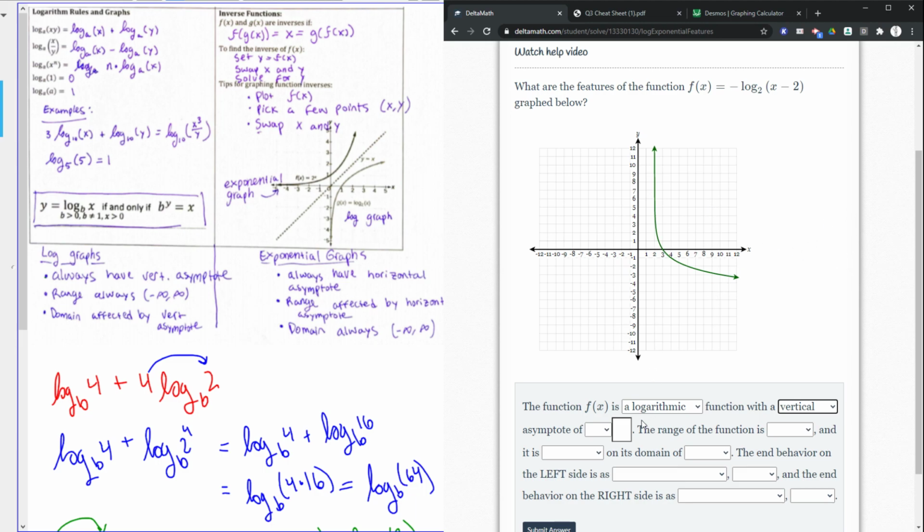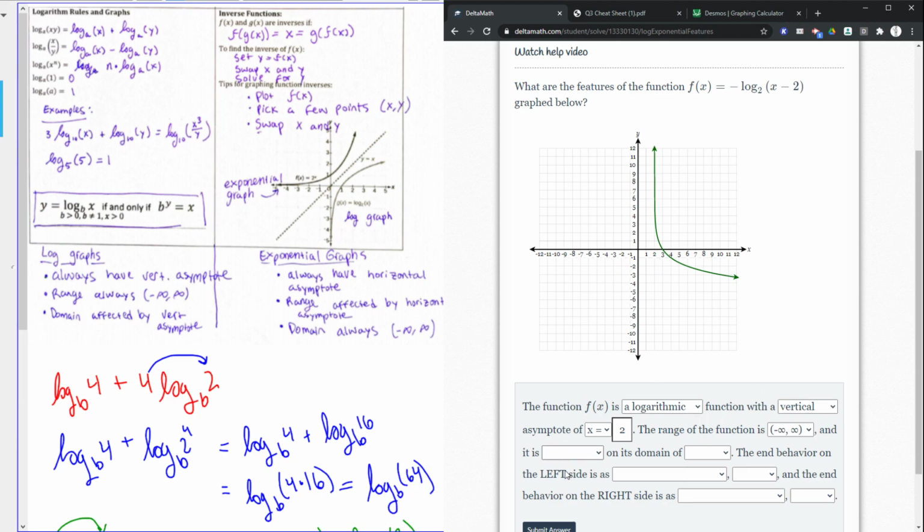Vertical asymptotes are going to be x equals the x value that this vertical line approaches. So it looks like we're approaching x equals 2. Okay, the range, log functions, they point all the way up, and we're going to go all the way down. So our range is always all real numbers with logs.